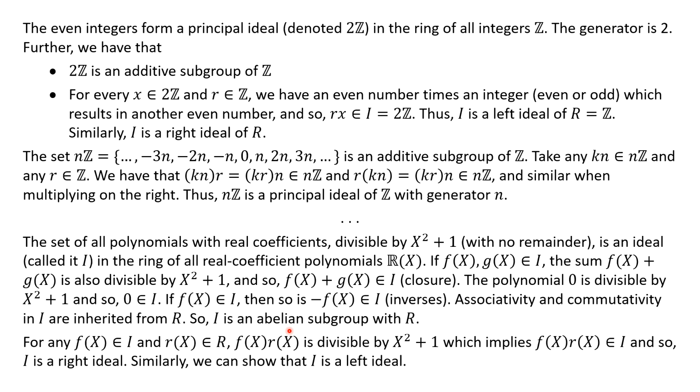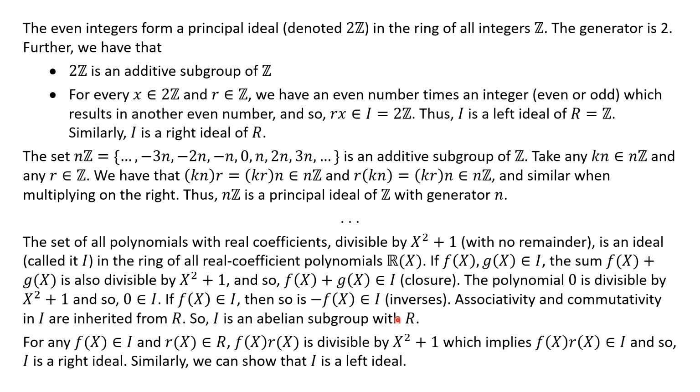I did it on the right here, but it's easy to do it on the left. If x squared plus 1 divides f(x), then it's going to divide the product of f(x) times any other polynomial in our ring. And we can do the same thing multiplying on the left. Okay, so there's 2 examples.